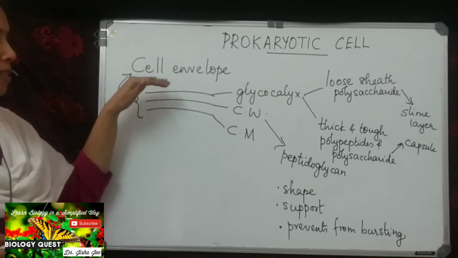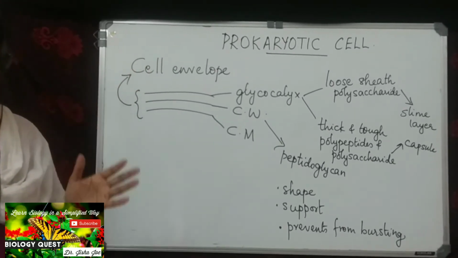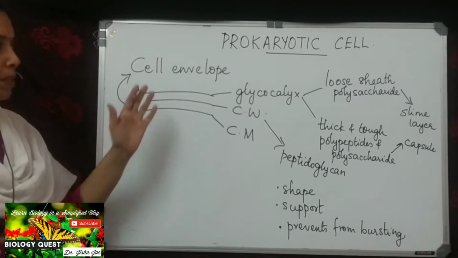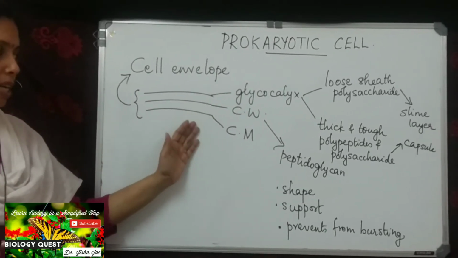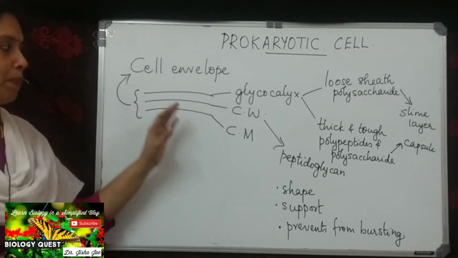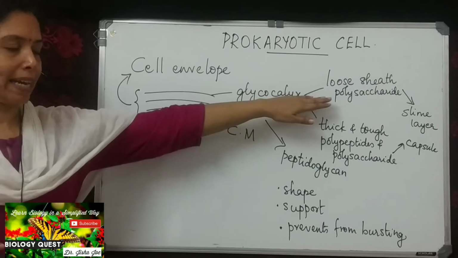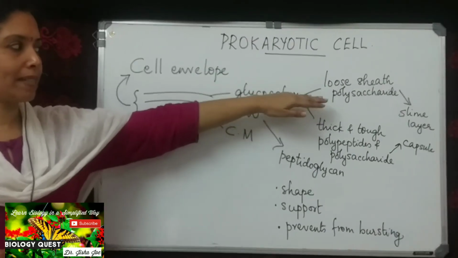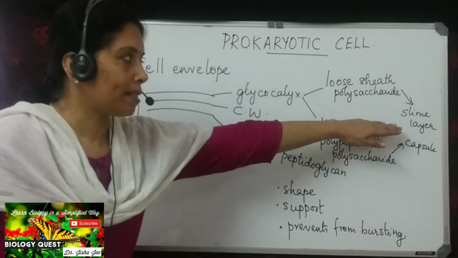So once again, the cell envelope, that is the outer covering of the bacterial cell, is made up of three layers. The three layers are tightly packed. The outermost layer is the glycocalyx. If the glycocalyx is a loose sheath formed of polysaccharide, it is called the slime layer.